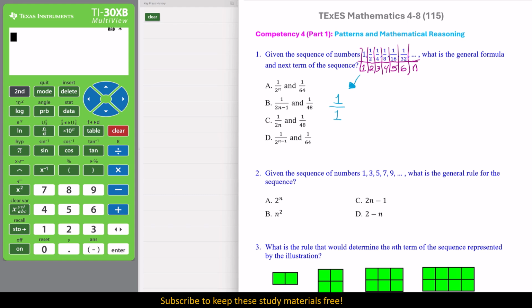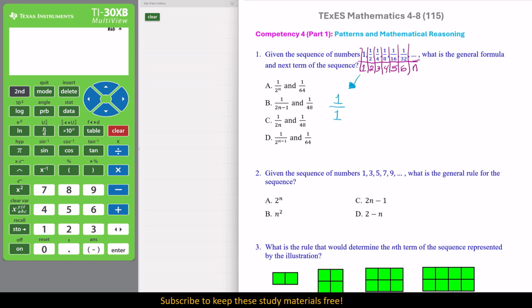But now we have a conundrum. We have the denominators. We have the number 1. Okay. Well, then we have 2 and 4. Well, let's look at the position. The position of 1 is 1. Well, 1 times 1 is 1.